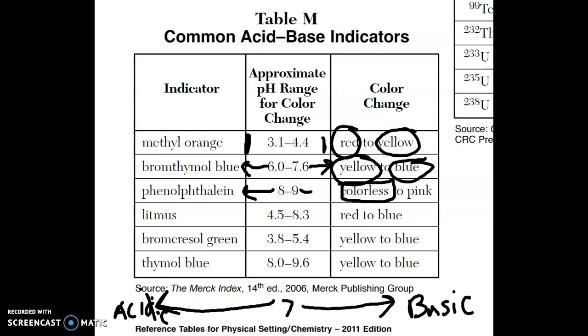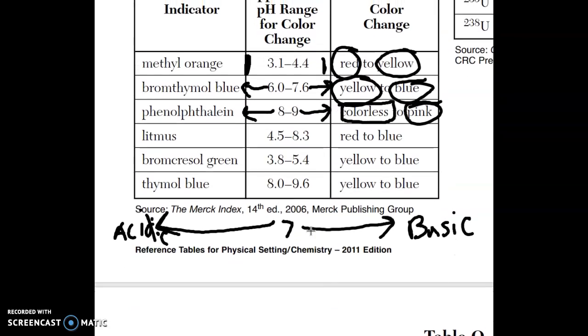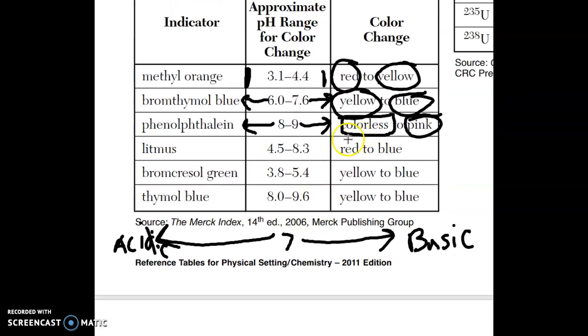When it's purely pink, we have gone too far, and it is above a pH of 9. So just to break it down, if it's purely the color on the acidic side, it's going to be under the pH on the left side. If it's purely the other color, it's above the pH on the other side.